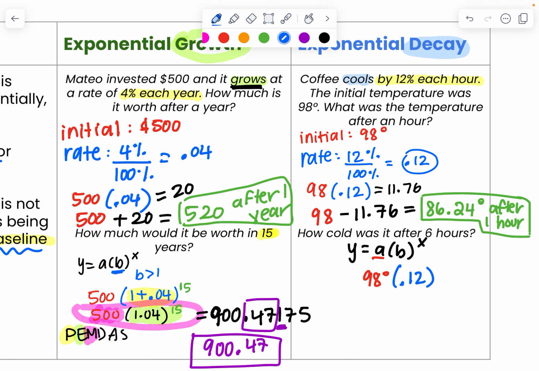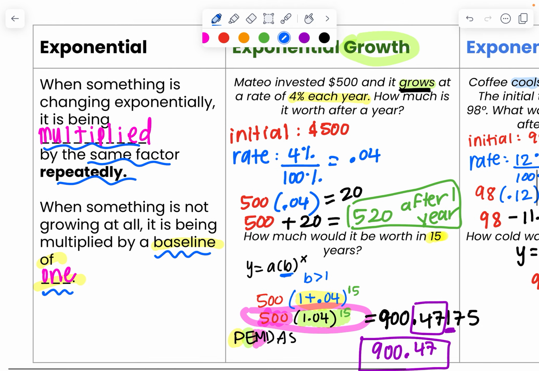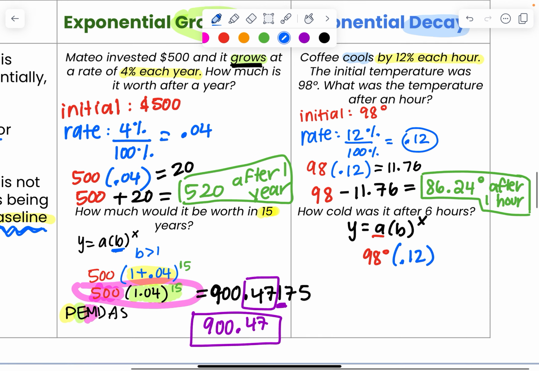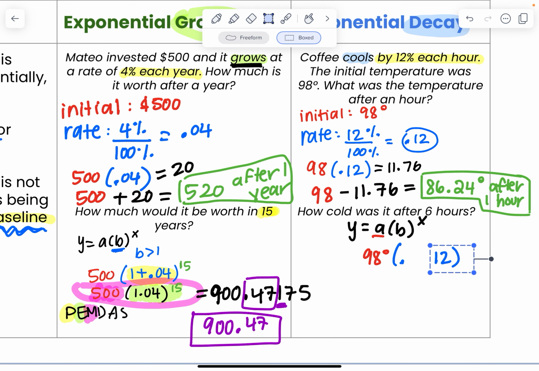Just like last time, 0.04 is not going to be my base. Remember, we have this baseline of 1, okay? So what we're actually going to do is almost this. Since we have that baseline of 1 and it is cooling, we're going to minus 0.12 and raise that to the x.